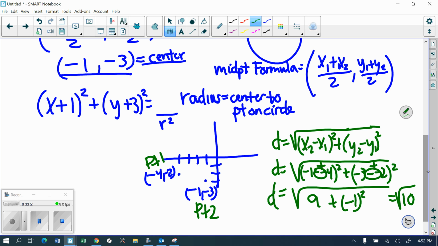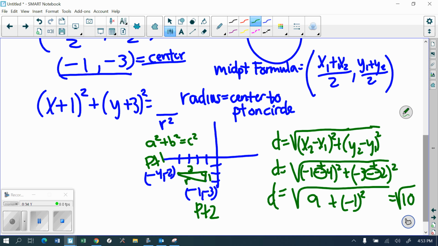Okay. Now, another advantage of doing Pythagorean theorem is I can visually count instead. I'm going right 3 and down 1. And I have Pythagorean theorem, which we know is a squared plus b squared equals c squared, with c being the hypotenuse. In this case, the radius is the hypotenuse, because there's my right angle.